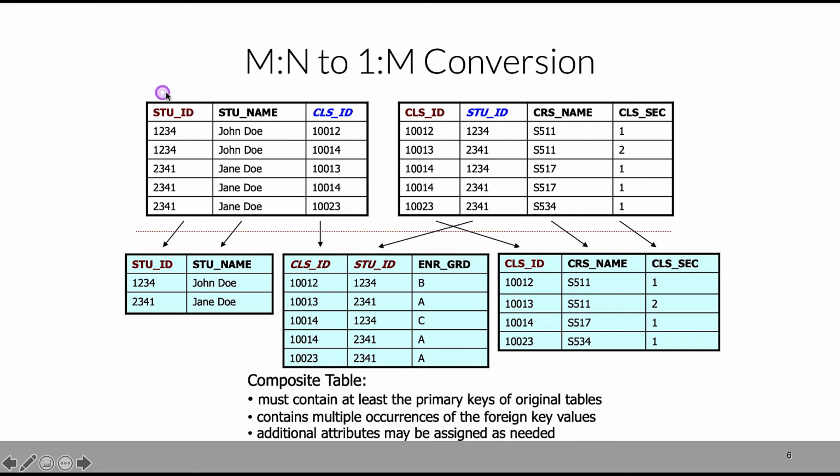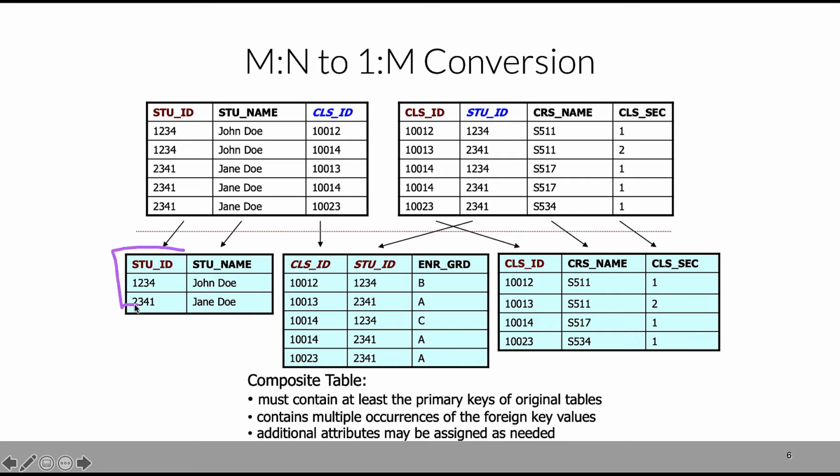All right, so in the first table, we have student data that also has an attribute of class IDs. What happened is that one student can take many classes. In one class, many students can be enrolled. How can we break that into composite tables or smaller tables?